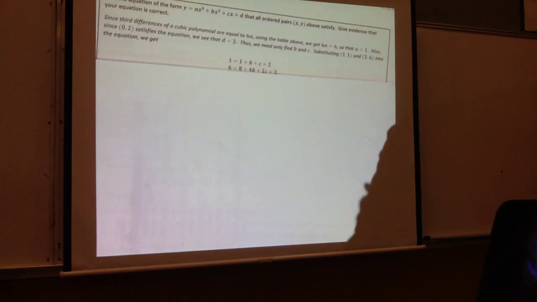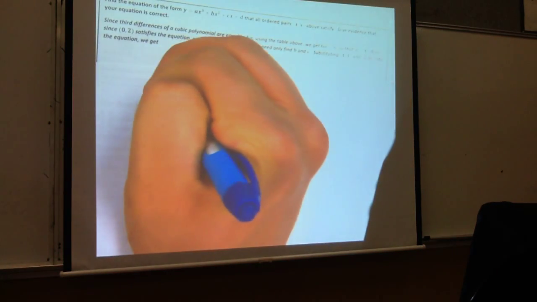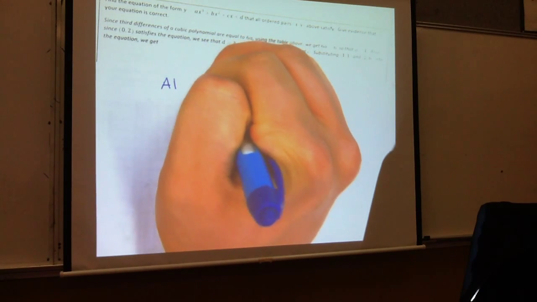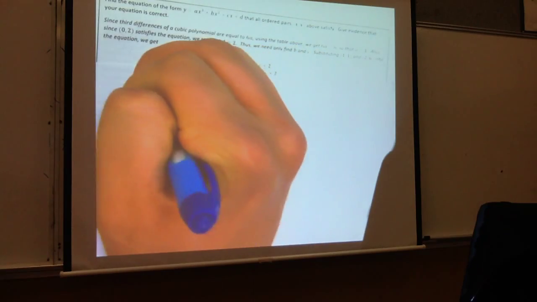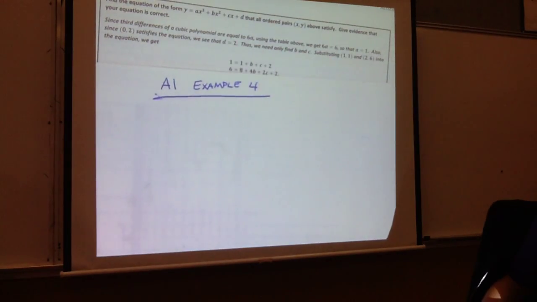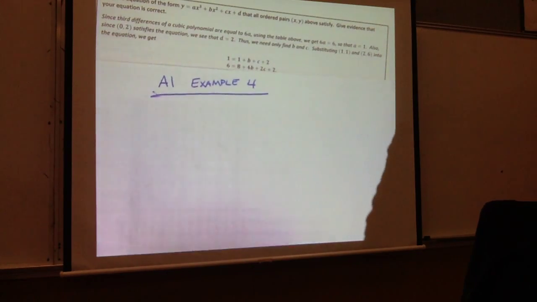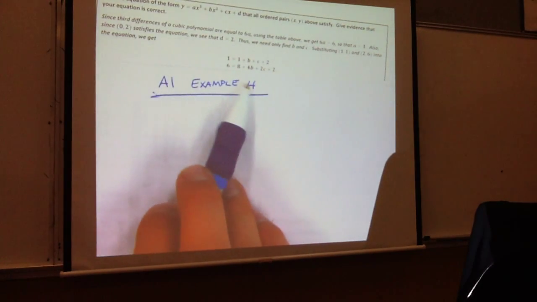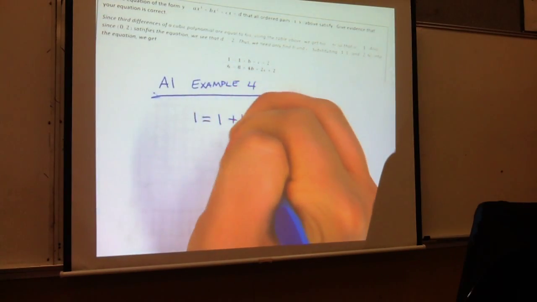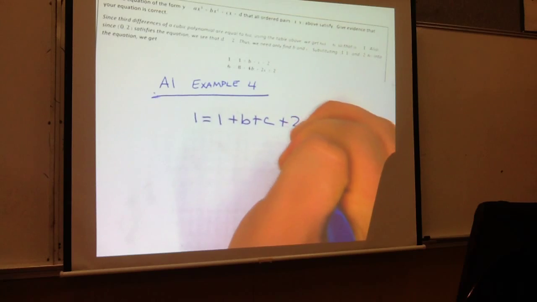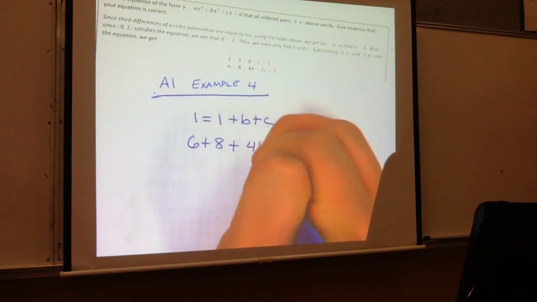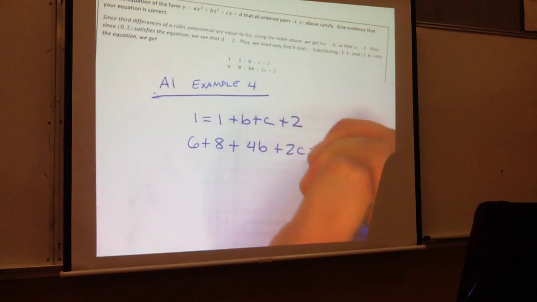In A1 example 4, we ran into a system of equations, and I want to solve it now. So the system was 1 equals 1 plus b plus c plus 2, and 6 plus 8 plus 4b plus 2c plus 2.